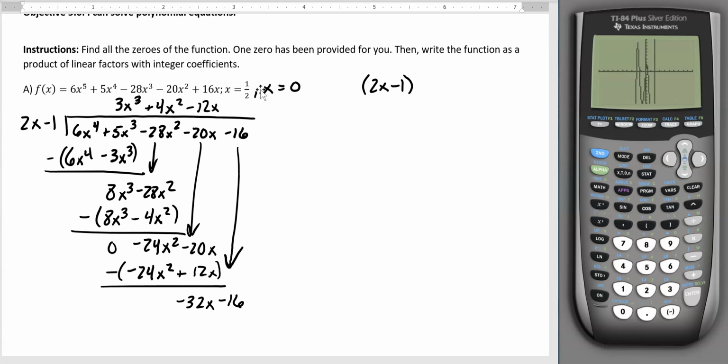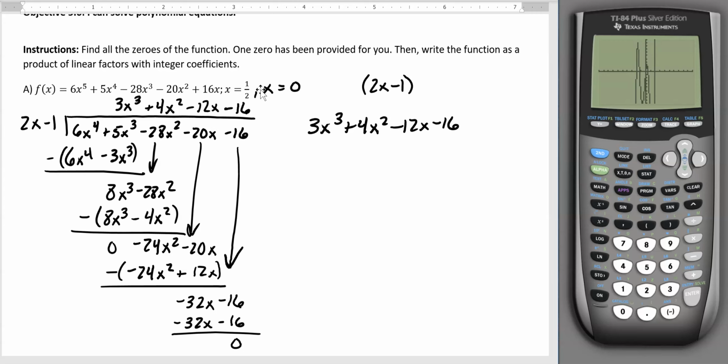Well, that would be negative 16, right? And then when I do my multiplying, hey, what do you know? I'm going to end up with a remainder of 0. That tells me we did something right. So that gives me the polynomial 3x to the 3rd plus 4x squared minus 12x minus 16.